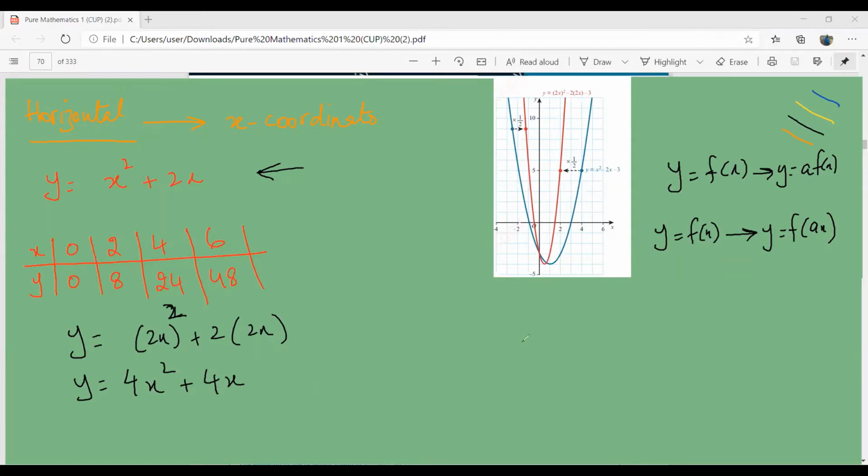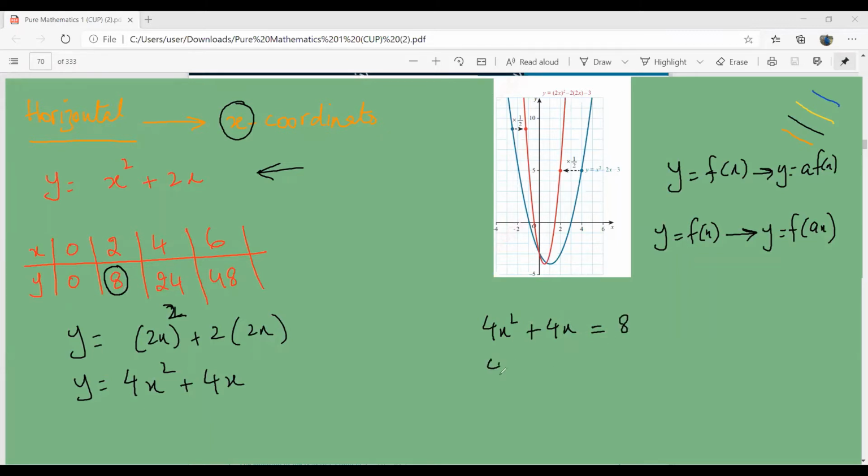I'm going to put this y coordinate as 8, because in a horizontal stretch the y coordinate would remain the same, and it is the x coordinates which have to change. So this is 4x squared plus 4x, and that is equal to 8. I want you to see what will happen to the x coordinate.